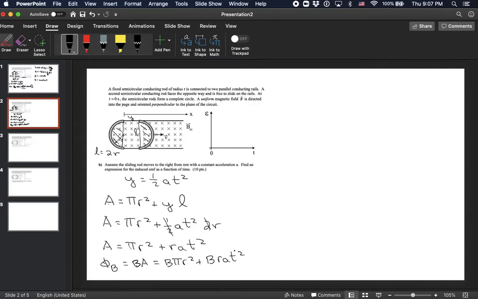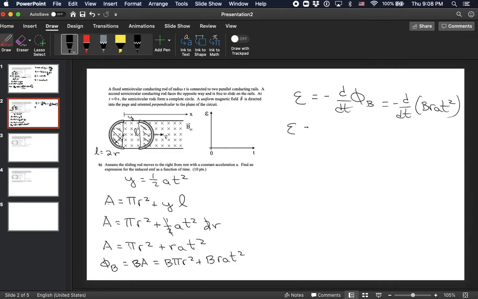So now if I want to find the EMF, the EMF is equal to a negative d/dt of the flux. If I plug that in, again the first term does not depend on time, so when I take the derivative, I get 0. So I just need to think about this term. This becomes a negative d/dt of B r a t squared.